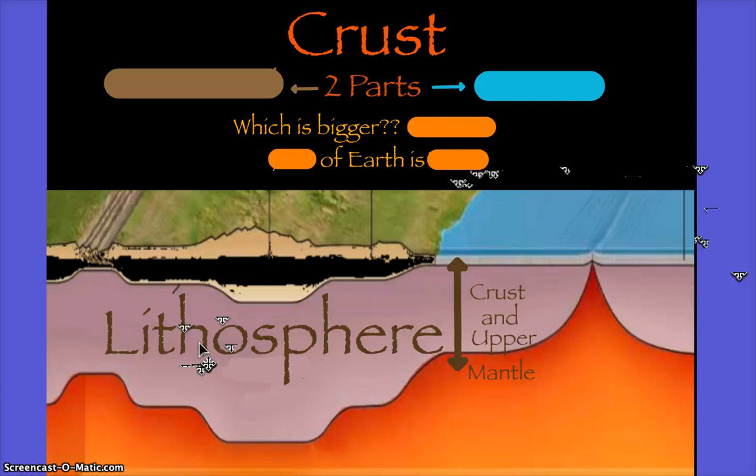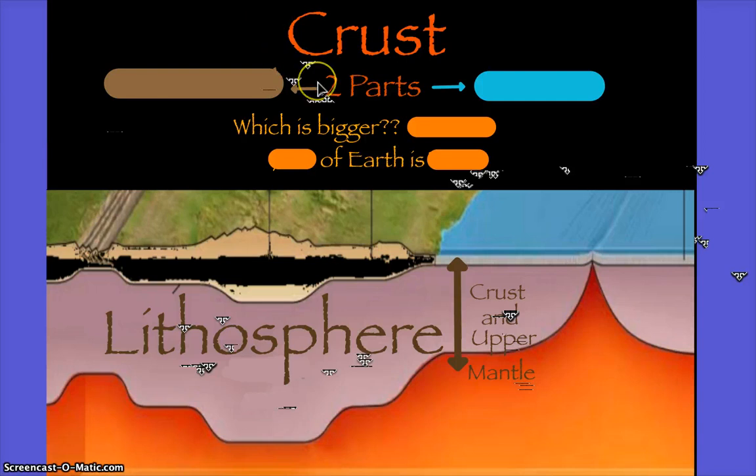The majority of topics that we're going to talk about involving the geosphere are going to happen in the lithosphere. So it's going to be a lot about what's going on in the mantle and then more about what's going on the surface, right? So the lithosphere makes up the upper mantle and crust.